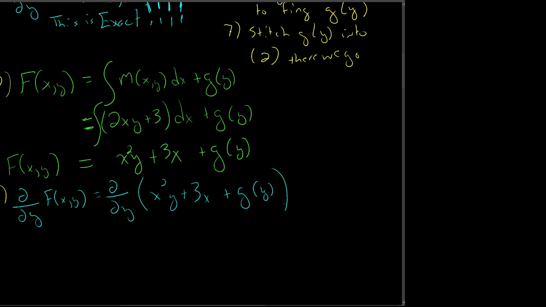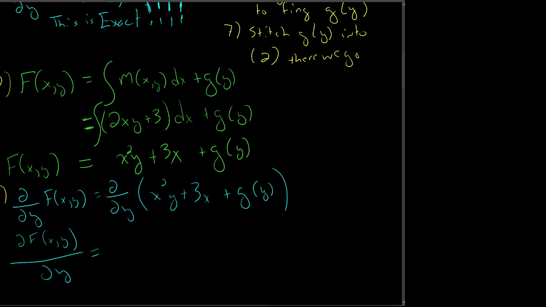This is where bookkeeping comes in handy. This gets a little fidgety. Well, I know this side, so I'm going to just make this df of xy over dy. I'm going to come through here, and I'm going to differentiate each term.